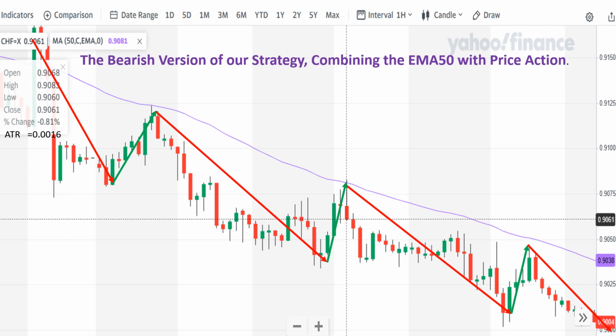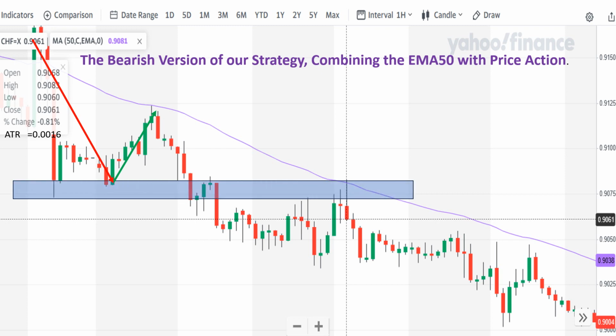Next, we observe the price initially descending downward, followed by a pullback, forming a support level right here. Hereafter, sellers take charge, driving the price below the prior support, now turned into resistance, sustaining the downward momentum.